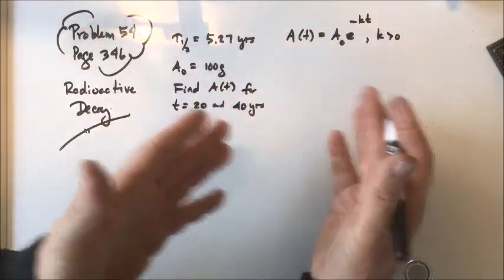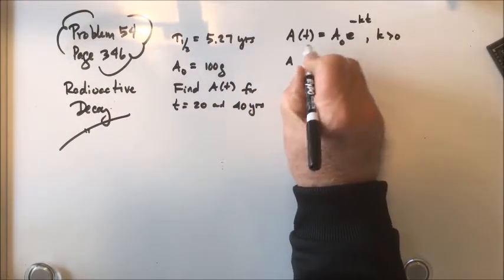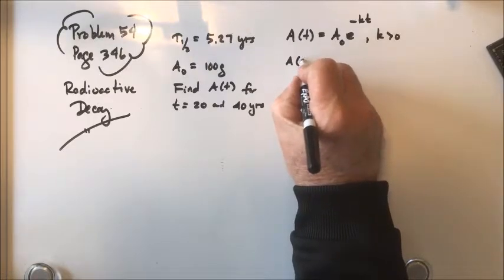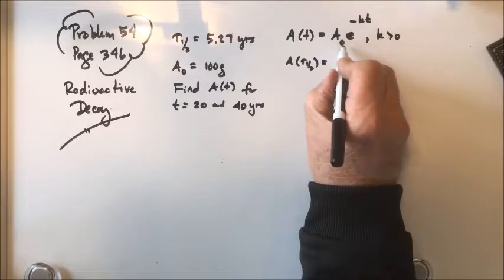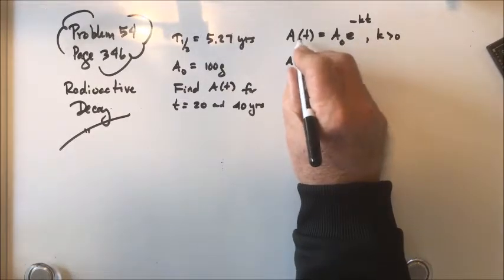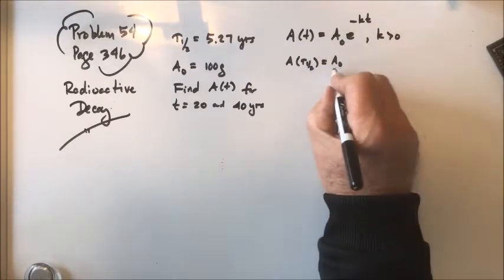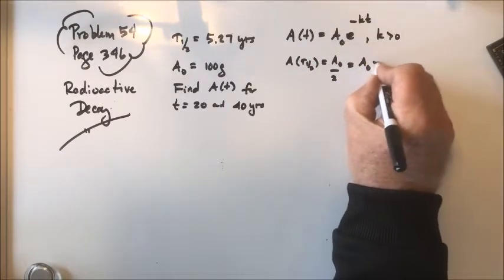Where the heck is the half-life in this? You can find it very quickly, because if I put in t equals the half-life right here, and if the initial value was a0, then the value of a at the half-life is, as we've just shown, a0/2.